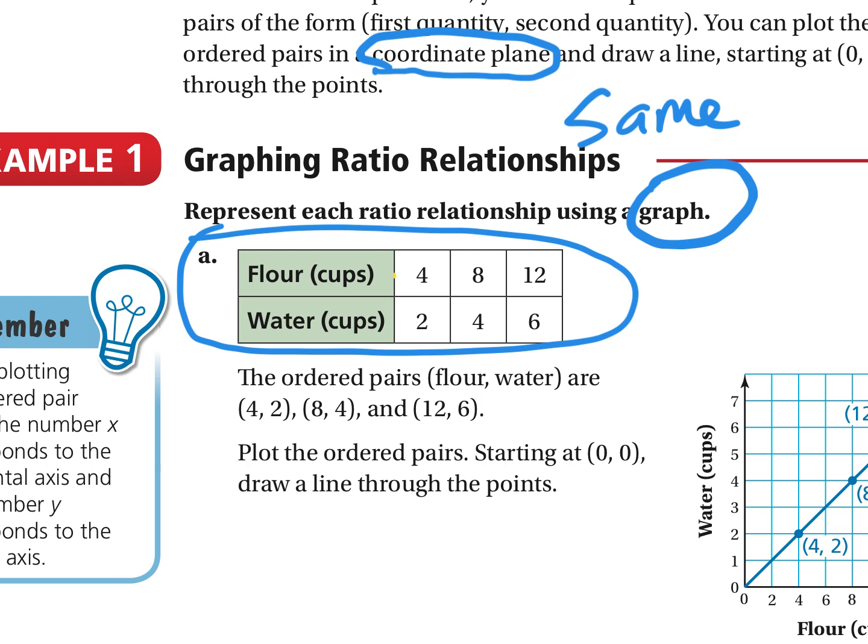Each of these ratios here, this 4:2, 8:4, 12:6, we can also see written differently in a way that we call an ordered pair, okay? So 4:2 can also be written with a set of parentheses on the outside.